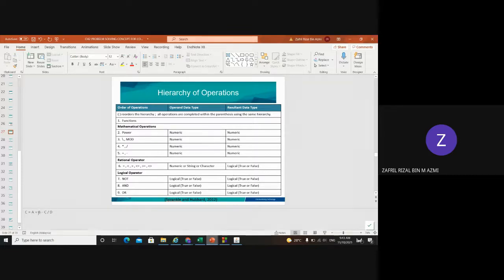But let's say we have a bracket over here. How do we solve this? Solve the bracket first, because this is on top of the hierarchy. After that, once we get the value in the bracket, we solve the division.